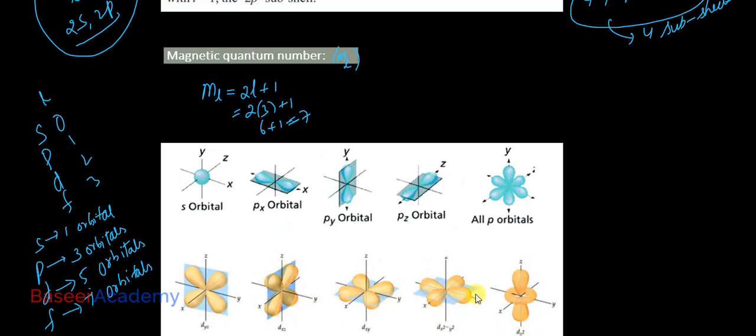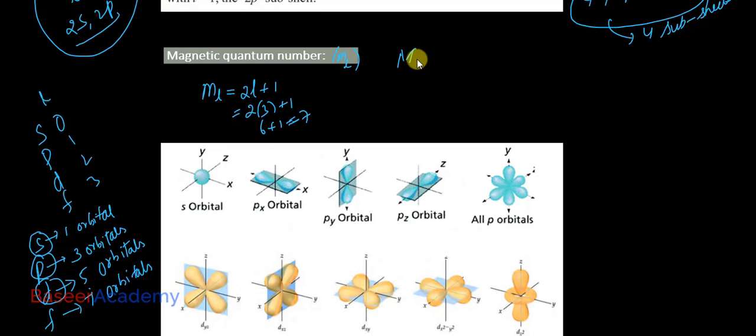These are the 5 orbitals that you have in the d subshell. So the d subshell has 5 orbitals, the p subshell has 3 orbitals, px, py, pz, and s has only 1 orbital. So the magnetic quantum number talks about the number of orbitals that are available in each subshell.